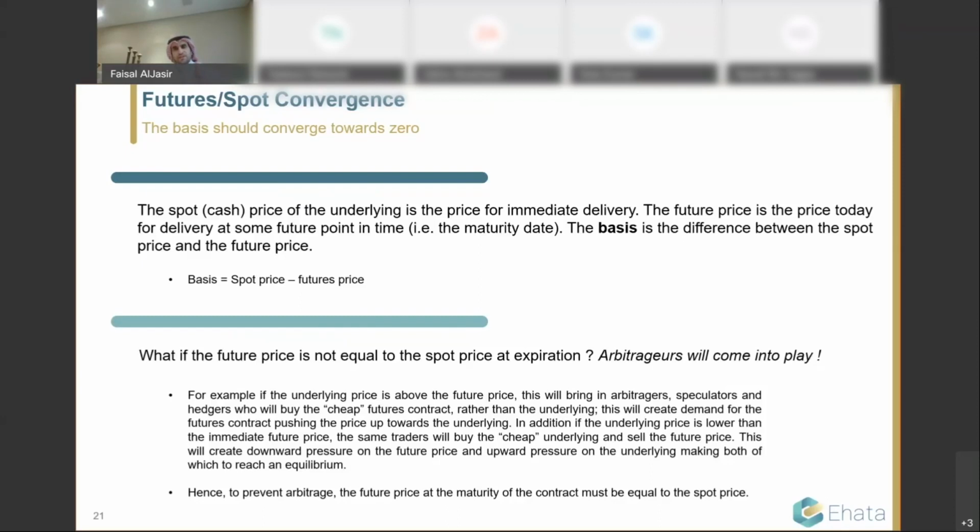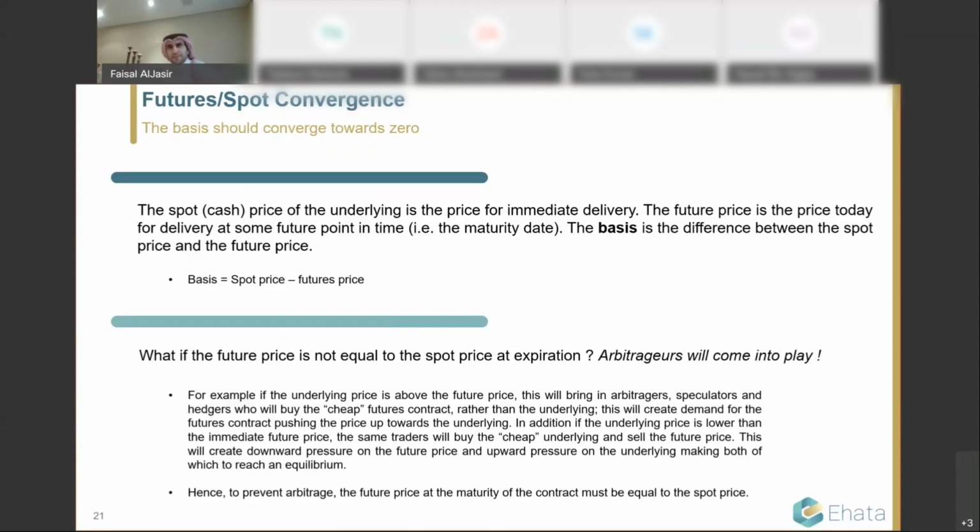It's important to understand that the spot price of the underlying is the price for immediate delivery, the price for now. The future price is the price that you can get today for delivery at some future point in time. The basis in this case is the difference between the spot and future prices.